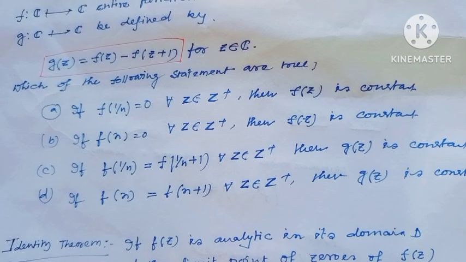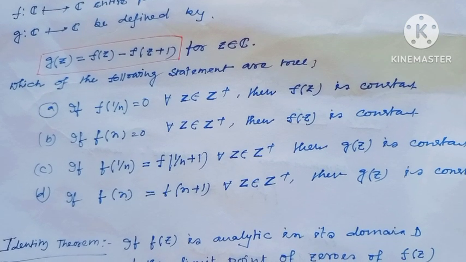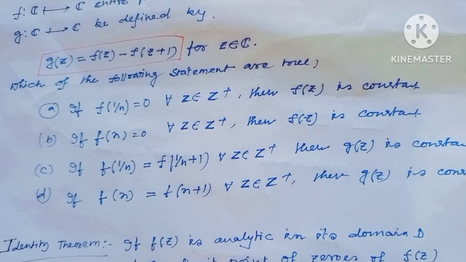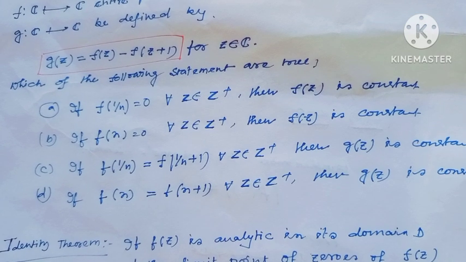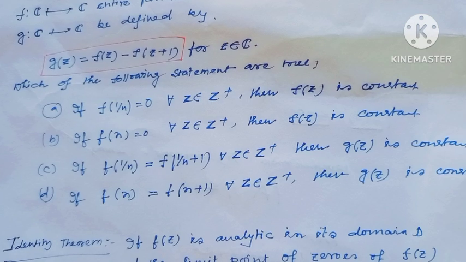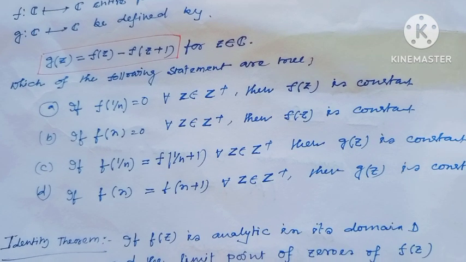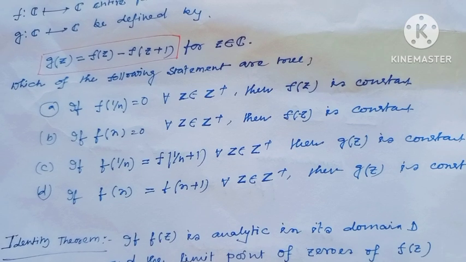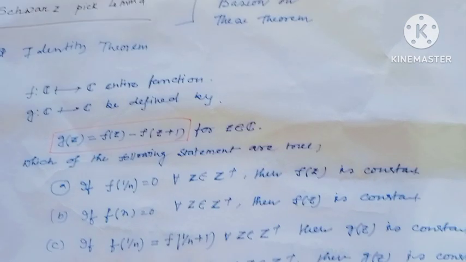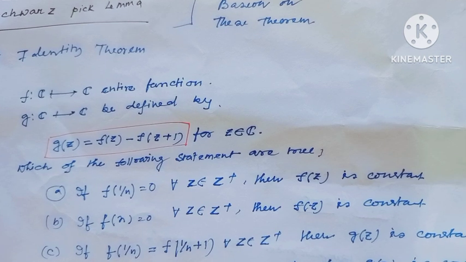C. If f of 1 over n equals f of 1 over n plus 1 for all n belonging to the positive integers, then f(z) is constant. And D. If f of n equals f of n plus 1 for all n belonging to the positive integers, then f(z) is constant. This is a use of the identity theorem. I hope all my viewers have understood.